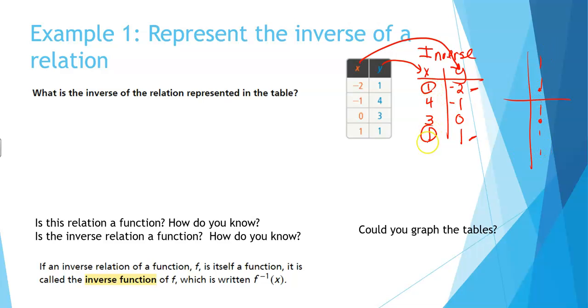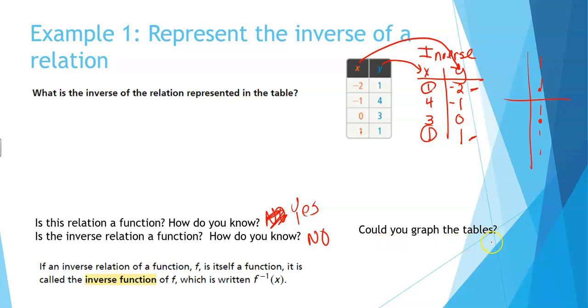So I can't have the same x with two different y's. I cannot have that. So no, it is not a function. Oh, sorry. Is the inverse? No, this is not. Now look at, I'm sorry, I didn't look at this one has unique x's, so yes, this one, the first one is a function.